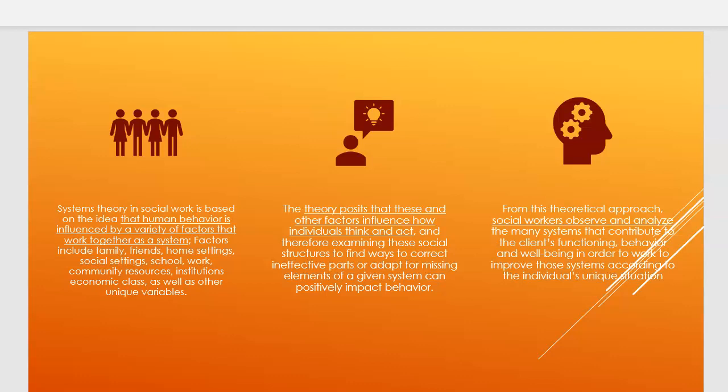Therefore, examining the social structures, the social systems, in order to find ways to correct what is not functioning well, what's ineffective, and help the individual adapt for whatever is missing within their social system, can positively impact behavior.